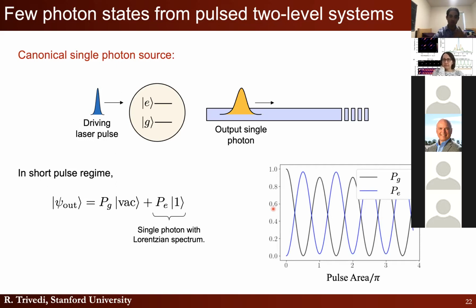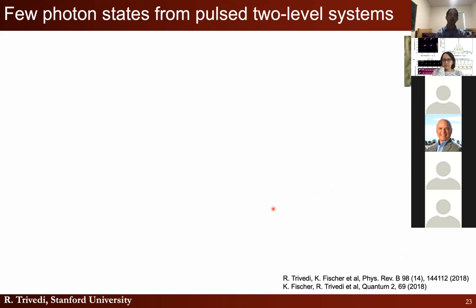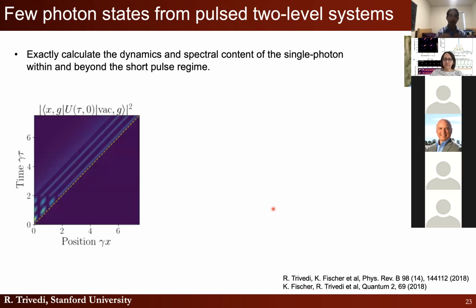Now, what we wanted to do, of course, was to understand the system more carefully, beyond the short pulse regime. This is again work that I did with Kevin. One of the things that we wanted to consider was, if instead of a short pulse, I excite my two-level atom with a much longer pulse, or one comparable to the time scale at which the atom emits, can I characterize the photon state that is coming out? That we could do very easily with scattering theory.